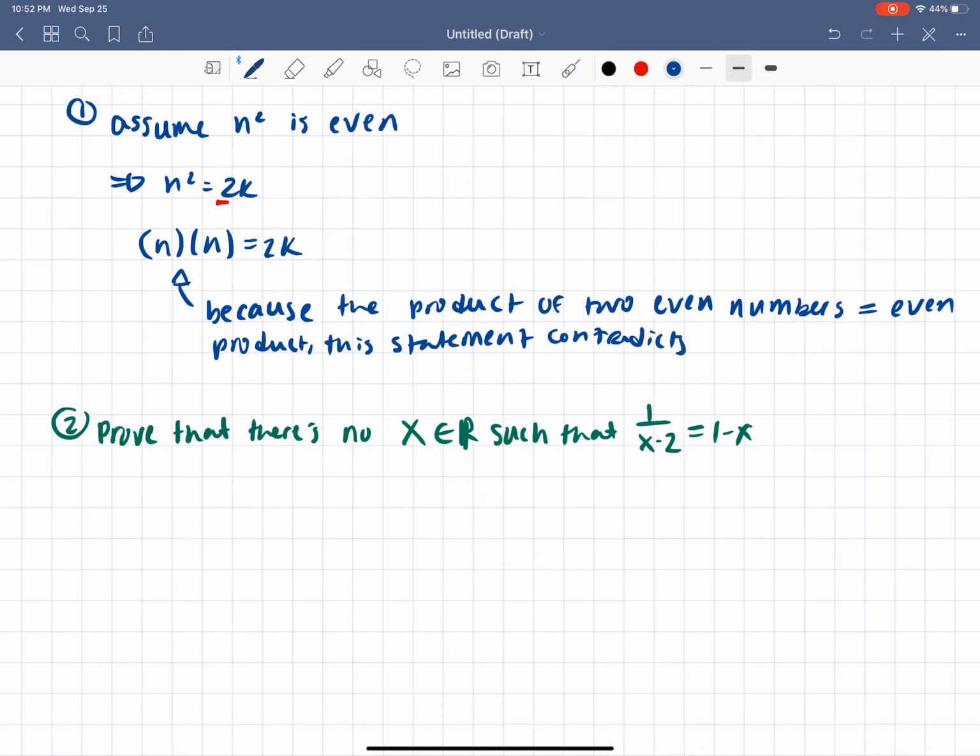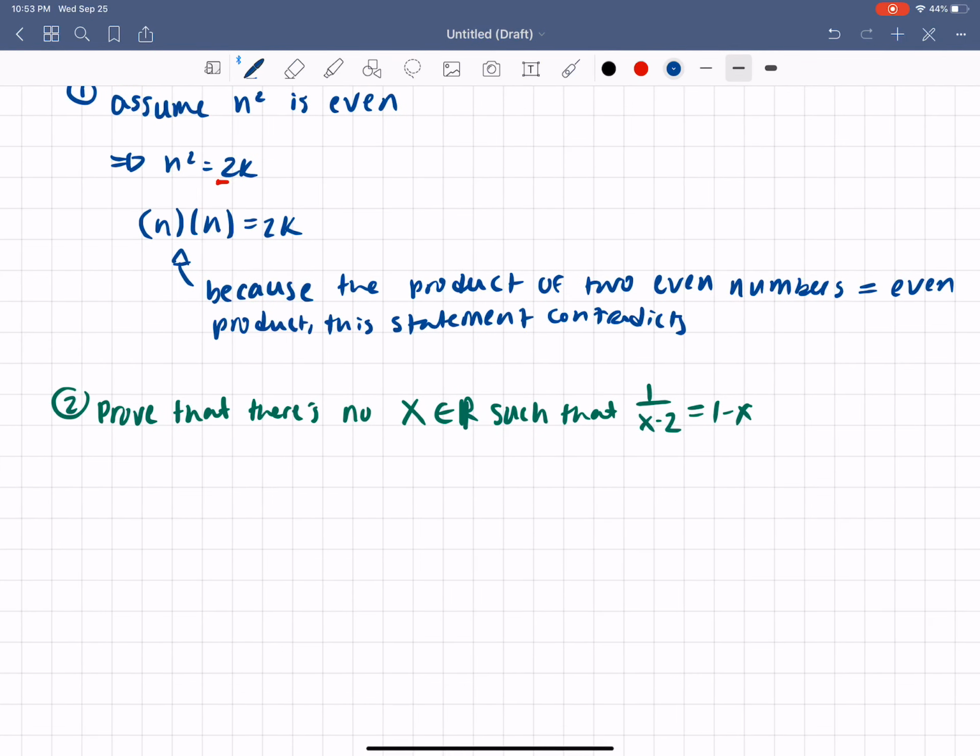Let's assume that there is an x value which belongs to the set of real numbers such that 1 over x minus 2 is equal to 1 minus x. Let's call that x value a, so we can substitute for x. And by assuming this, let's work it out.